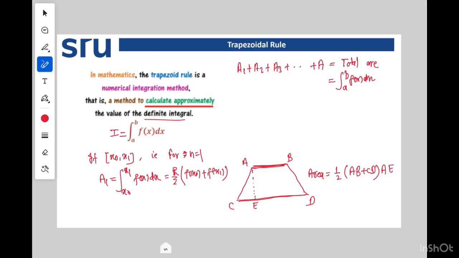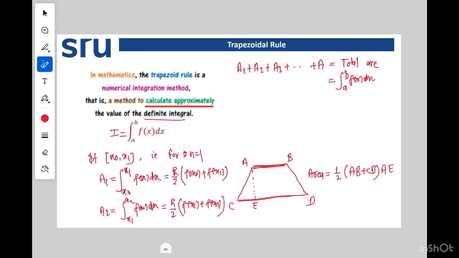Similarly, you can calculate the area of the second trapezoid. So A2 is the integral from x1 to x2 of f of x dx, which is equal to h divided by 2 into f of x1 plus f of x2.